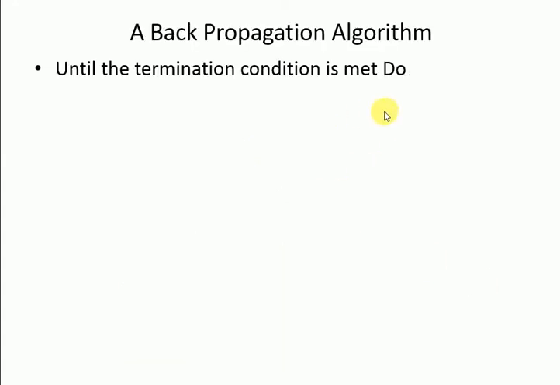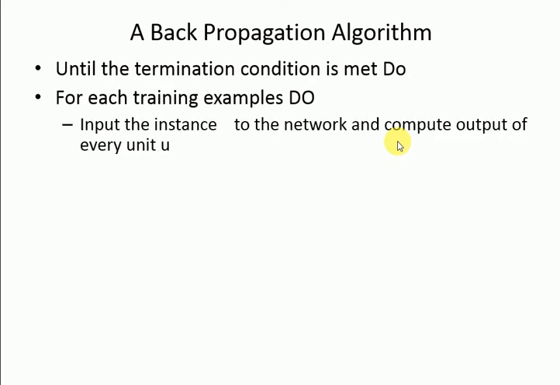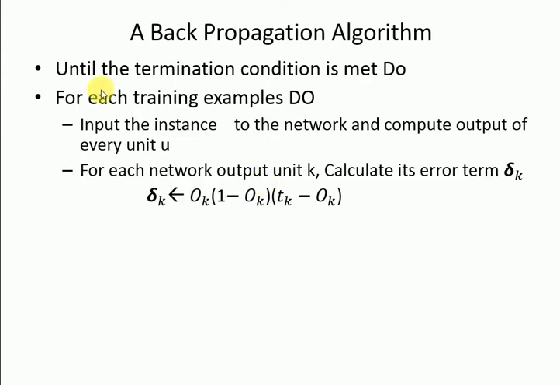Understanding the back propagation algorithm: until the termination condition is met, do the following. That means until the target value is achieved, repeat the back propagation algorithm. Steps: input the instance to the network and compute the output of every unit u.